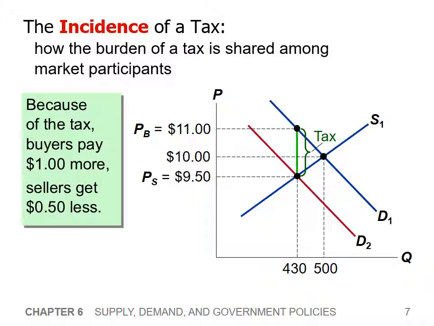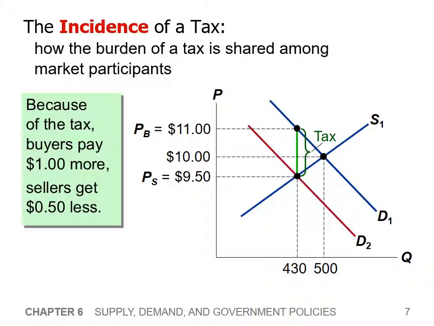So $1 is the share of buyers on the burden of the tax. On the other hand, sellers were receiving $10 before tax, and they receive $9.50 after tax. So the seller's share in the tax is 50 cents.